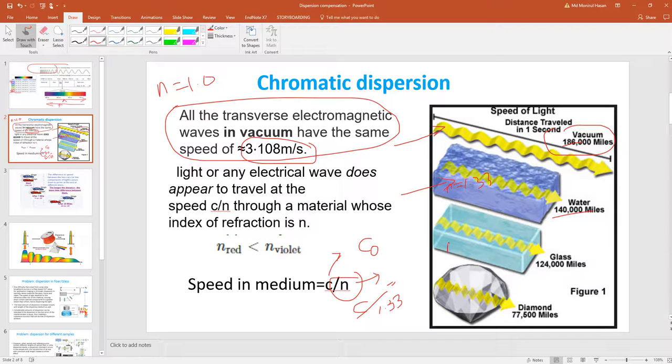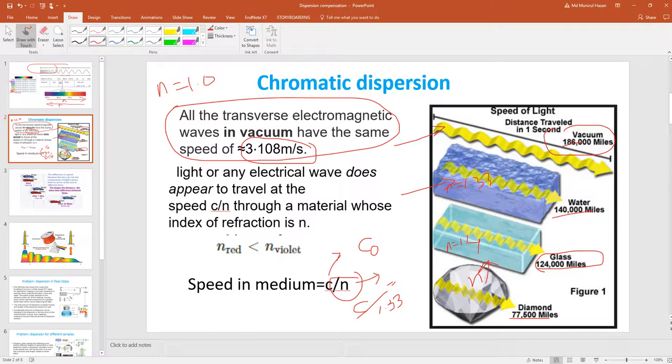What about glass? We know that the refractive index of glass is around 1.4, so it's even higher than water, so the speed reduces further. Diamond has an even higher refractive index, so it reduces further. So as the light passes through different media, the speed of the light changes.